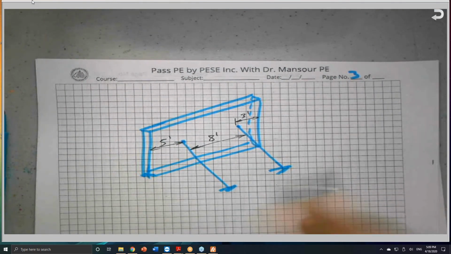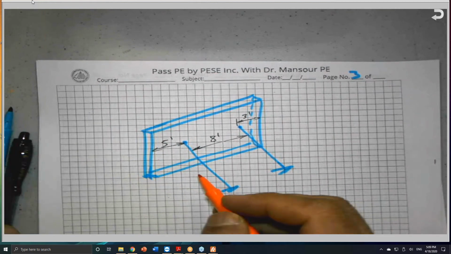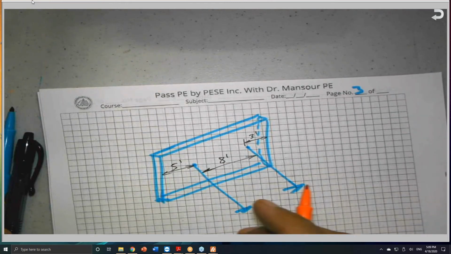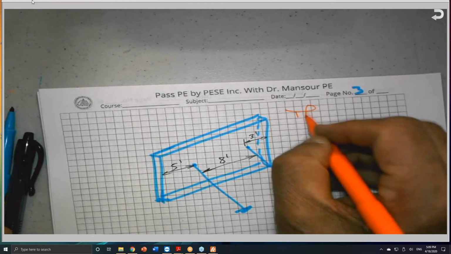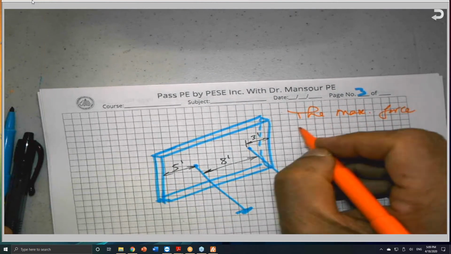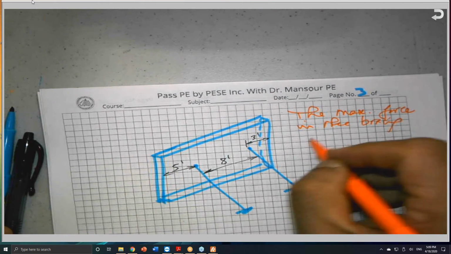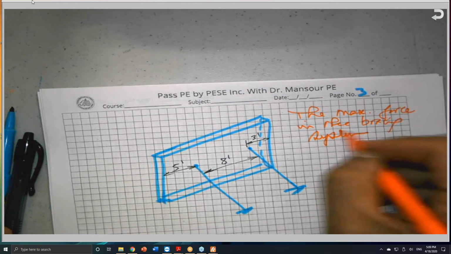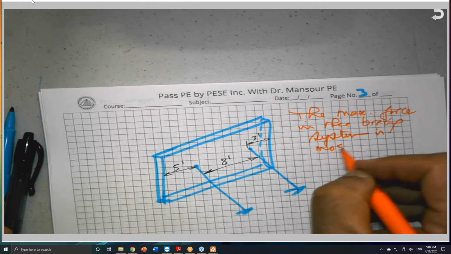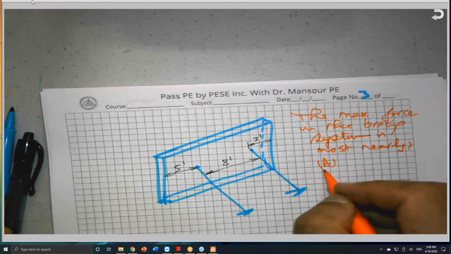So the same thing will be followed, except that he will tell you the maximum force. In this case, he will not. So the maximum force in the bracing system is most nearly, and he will give you again 4 possible answers.